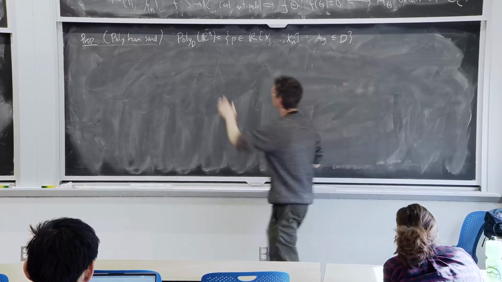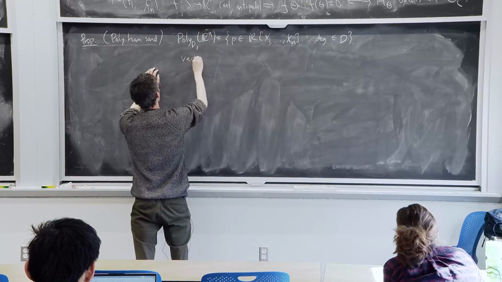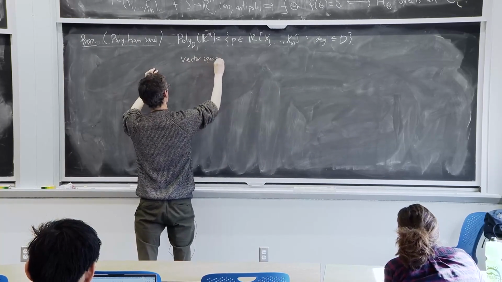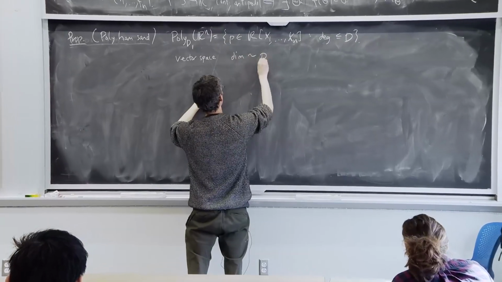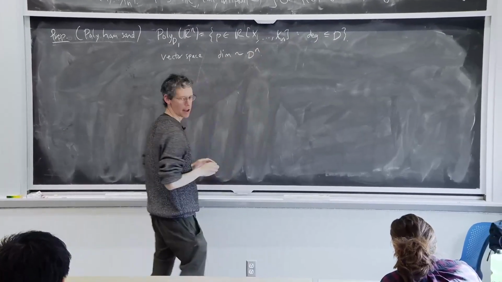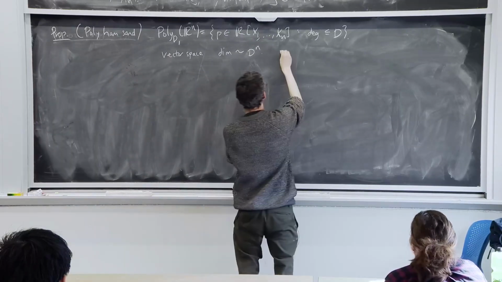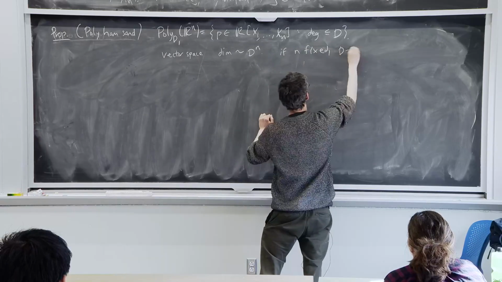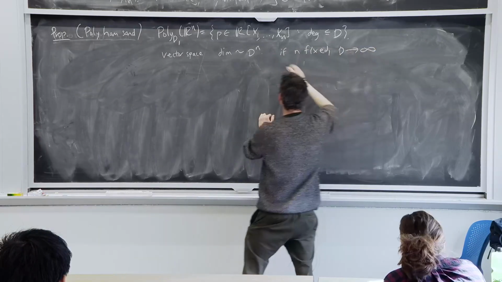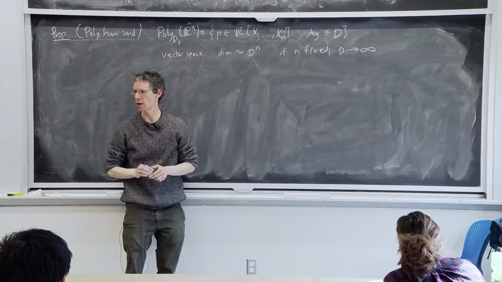And so this is a vector space. And it has dimension approximately d to the n, if the dimension n is fixed and the degree is going to infinity. The dimension is not hard to figure out. You count how many monomials there are of degree at most d.